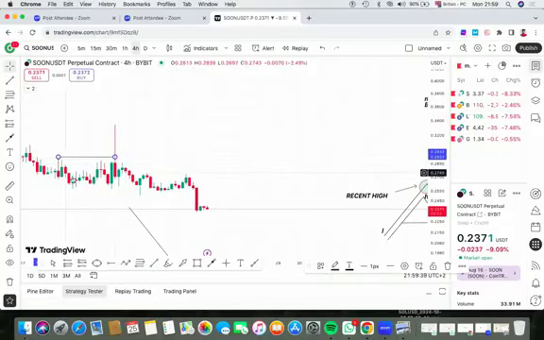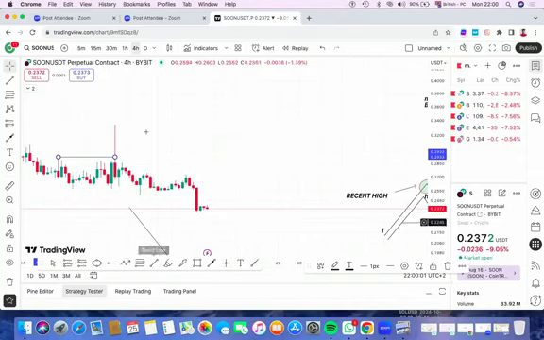If the market created something like this and then closed with a weak body, it's not a valid break. Do we understand? If you understand, just type a 3 in the chat box. If the market breaks out of a structure with something like this, that is what we refer to as a weak break.